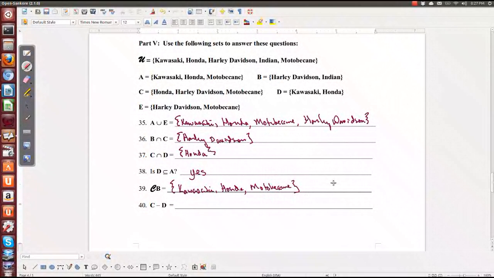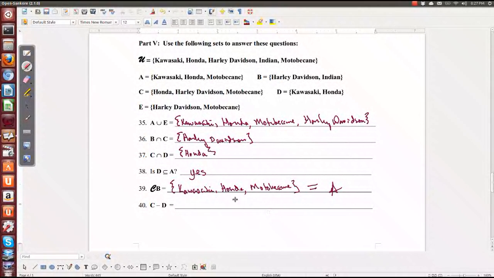Now, I would be perfectly fine if I was to put set A here, because set A is the set that contains only those elements as well. So either of these would be a perfectly acceptable answer.